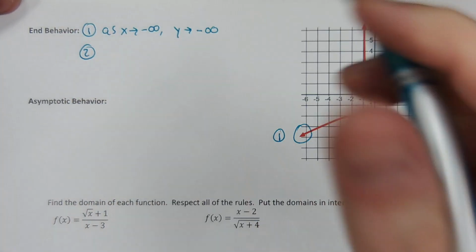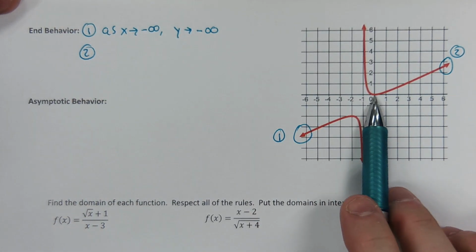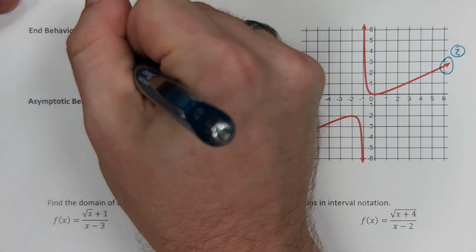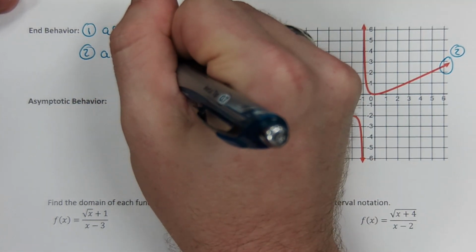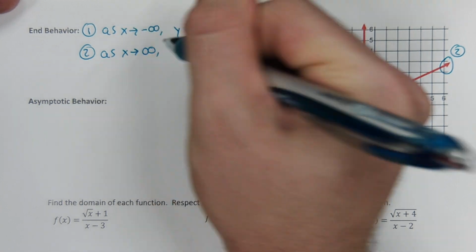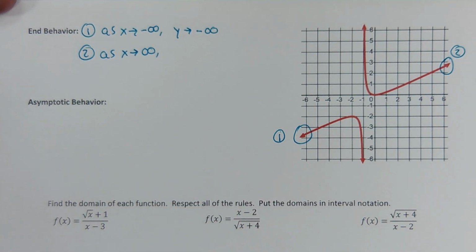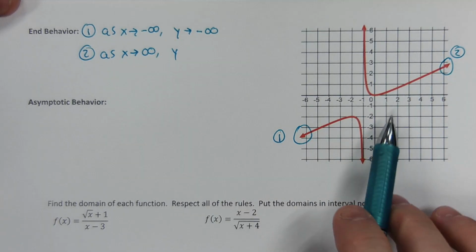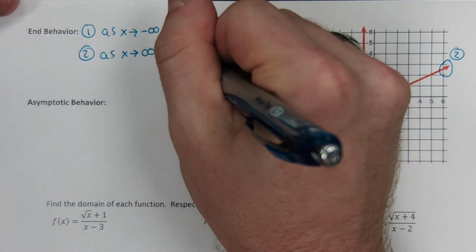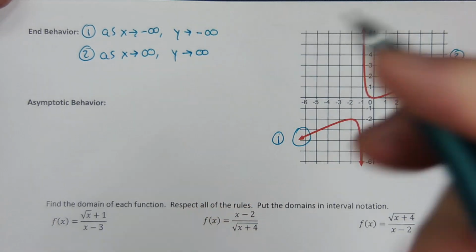For end number 2, this one out here, I'm going to the right. So x is approaching the right side of that number line. It's never going to stop going that way. X is going to get bigger and bigger and bigger, so it's going to approach positive infinity. The y values are going up. And if you climb the y-axis, up, up, up, you find positive infinity. There it is.